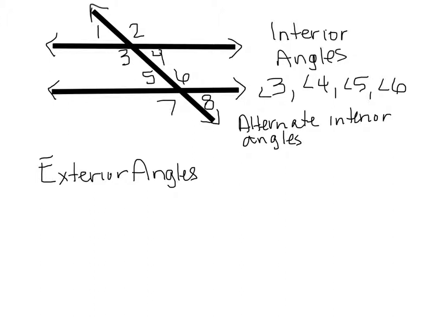Angle 1, angle 2, angle 7, and angle 8 were our exterior angles. Alternate interior angles, according to our textbook, are interior angles. So what kind of angles are we talking about? Angles inside, interior angles. Angles on the inside of the parallel lines that lie on opposite sides of the transversal.